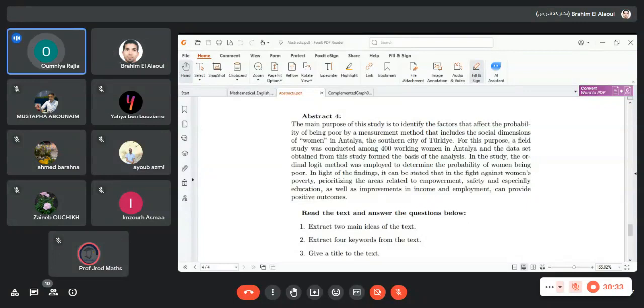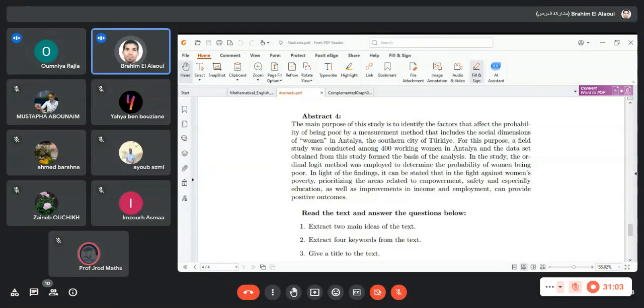You can add it, basis of the analysis. Maybe, but it is not a strong keyword of the text. Yes, we can use it as a keyword, but it is not strong. You know what I mean by strong?